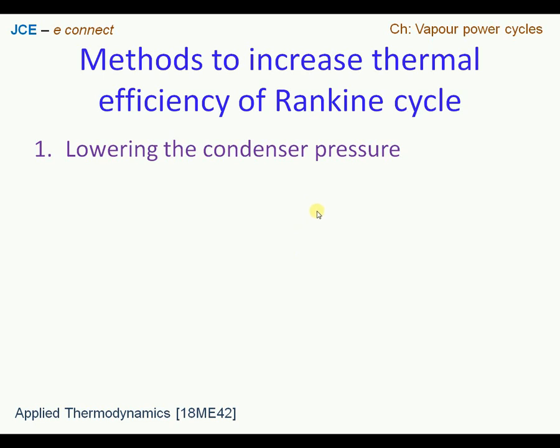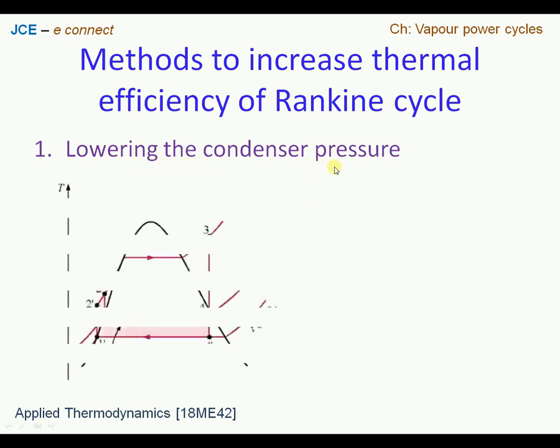Similarly, decreasing the average temperature at which heat is rejected from the cycle will help in improving the thermal efficiency. Therefore the idea here is how to increase the average temperature of heat addition, or how to decrease the heat that is rejected from the cycle. So here is the first method, lowering the condenser pressure.